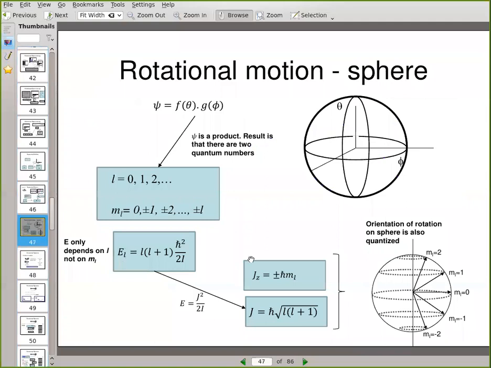So if we've got a particle that's constrained to go, for instance, on the motion of a sphere, you find that if you solve and you get wave functions for it, the moment you're allowed to move in a spherical manner, instead of just having one set of quantum numbers, you end up with two sets of quantum numbers.